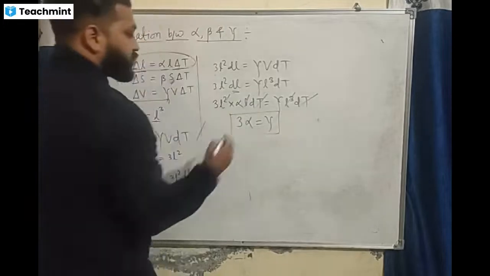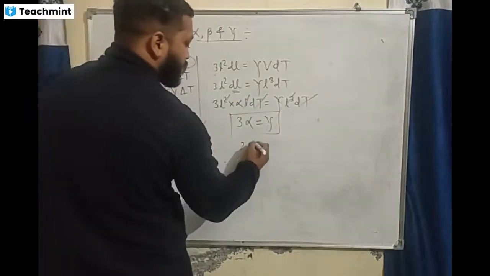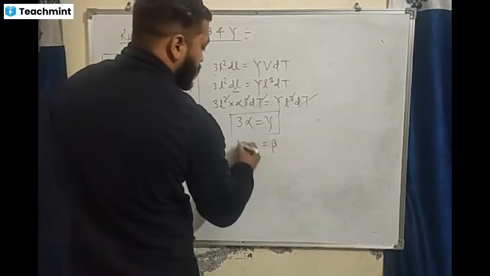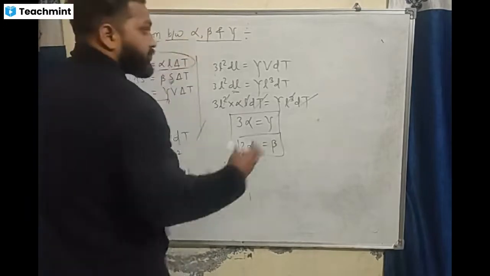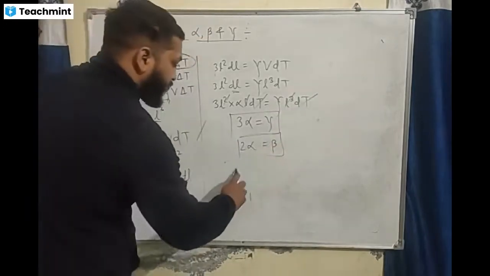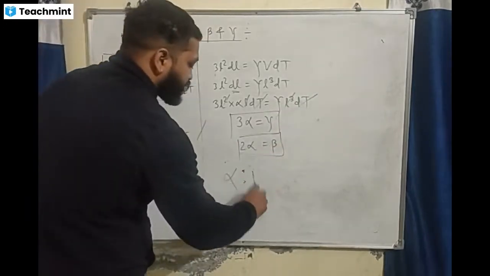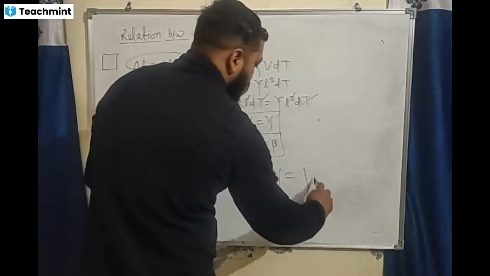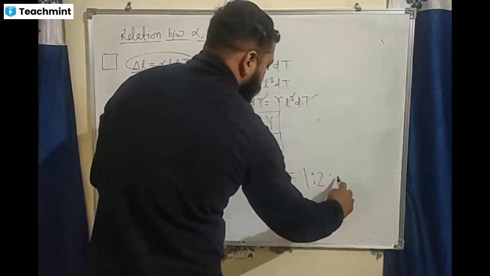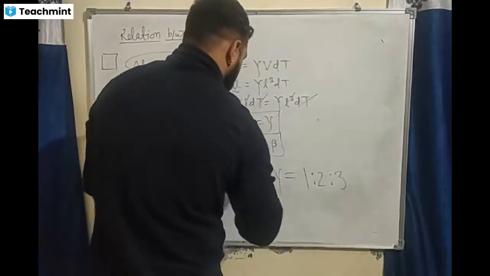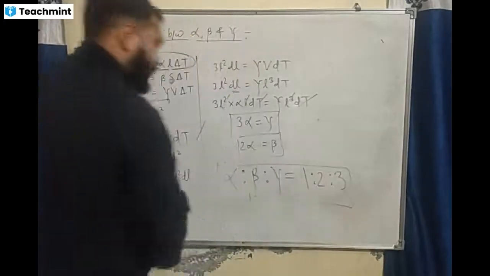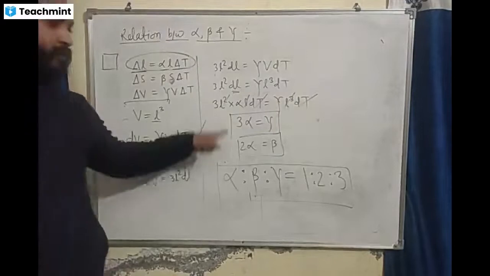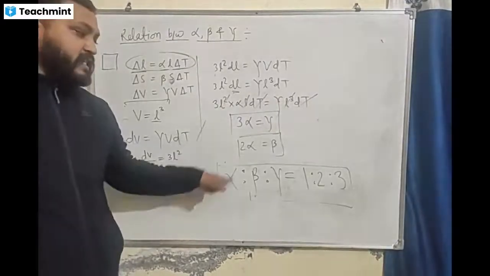So now we have two relationships: gamma equals 3 alpha and beta equals 2 alpha. If we combine all the relationships between alpha, beta and gamma, the ratio alpha to beta to gamma is 1 to 2 to 3.